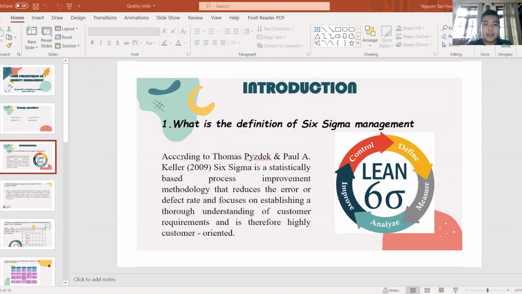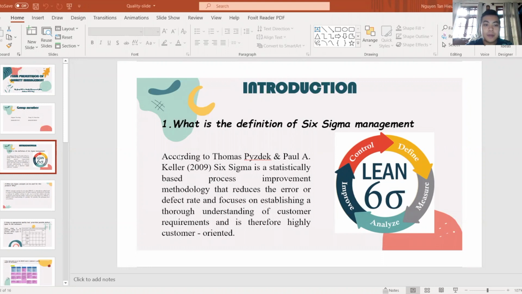According to Thomas Pyzdek and Paul Keller in 2009, Six Sigma is a statistically based process improvement methodology that reduces the error or defect rate to 3.4 defects per million potential failures by identifying and eliminating sources of variation and uncertainty in business processes.